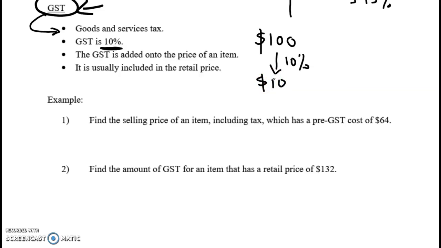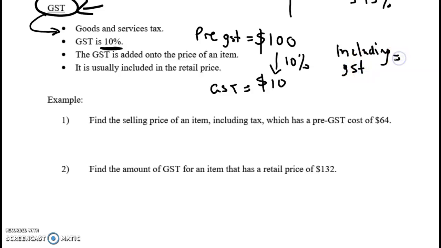And so if I was going to sell that product worth $100, so that's pre-GST would be $100. The GST amount would be $10. And so if I was going to sell it in the shop, so the price including the GST would be equal to the 100 plus the 10. It'll be $110. So you can see how I've added 10% on.